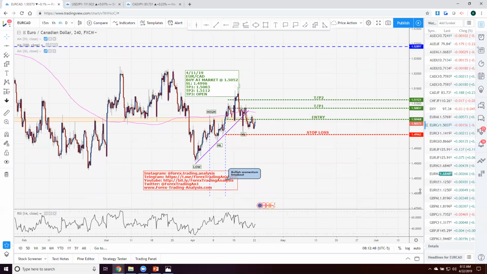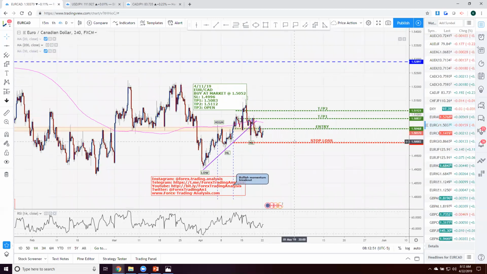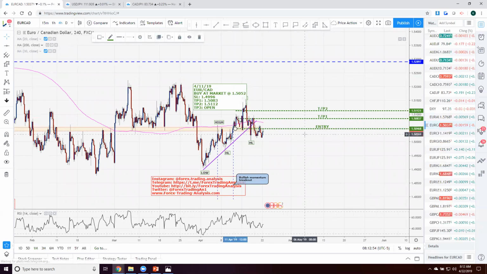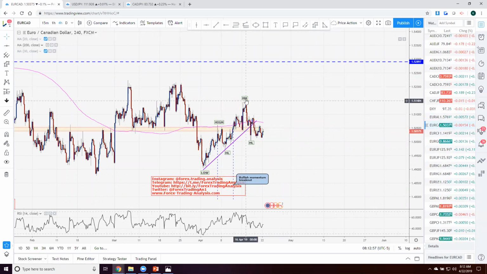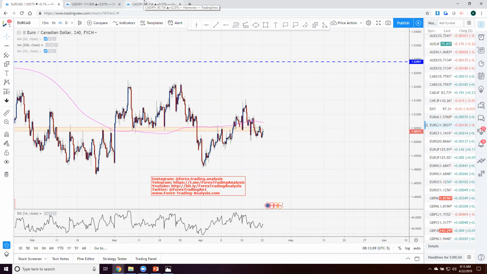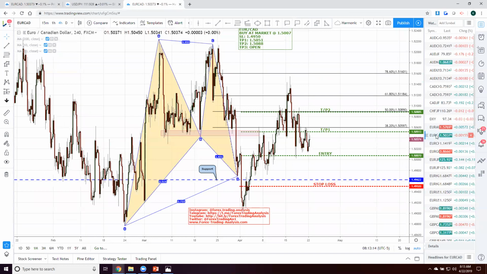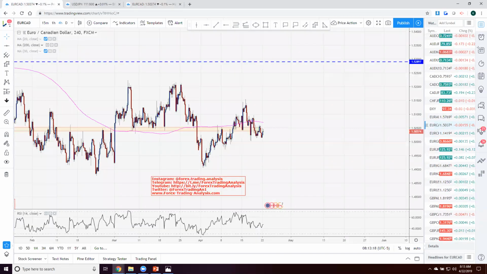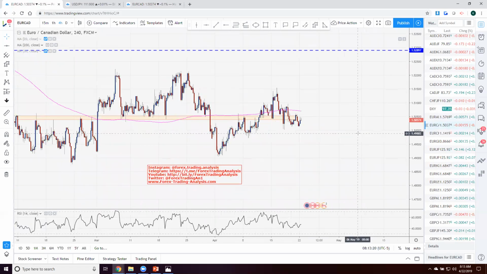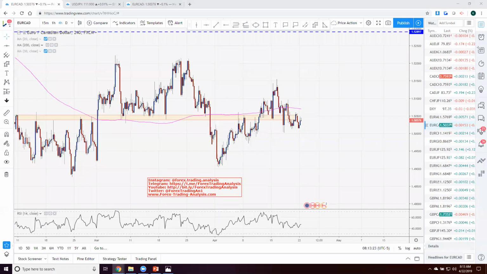EuroCAD. This is an old setup that we got out of. We are in a current sell trade on this one.